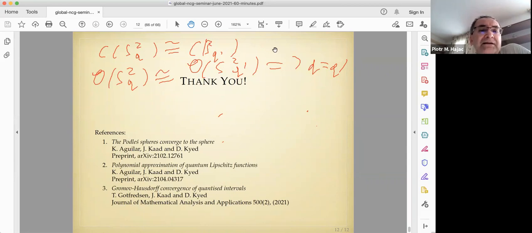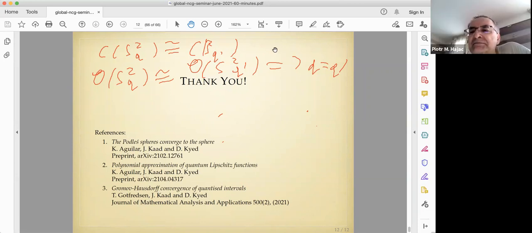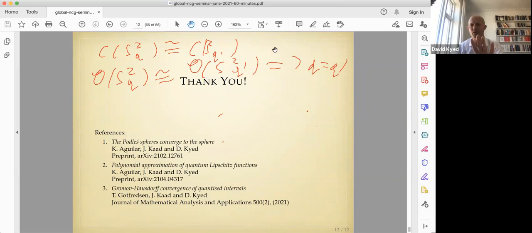So am I right in thinking that when you do this convergence business, at least for C-star algebras, what you are simply talking about is the convergence of one metric to another, because that's the same quantum space all the time? I guess, you're absolutely right. You can look at the Podleś sphere C-star algebra as just a unitized version of the compact operators. Yeah, exactly. So if you take this point of view, you can look at it as different quantum metrics on this fixed C-star algebra, which then converge to a classical space.